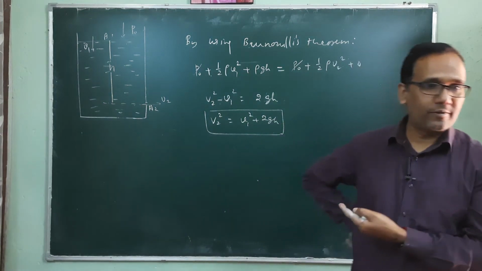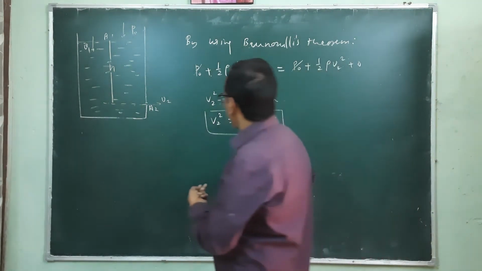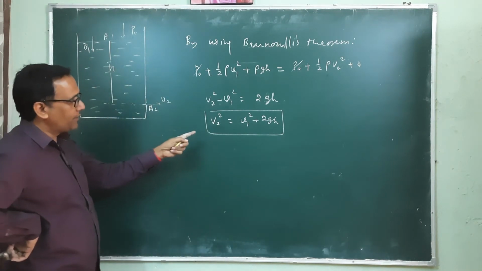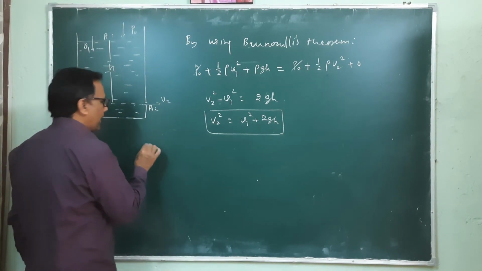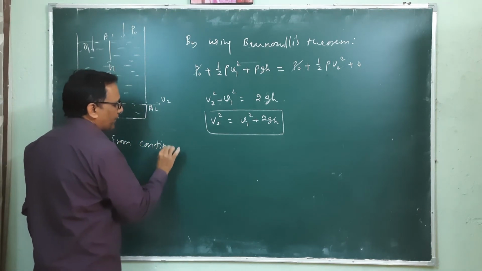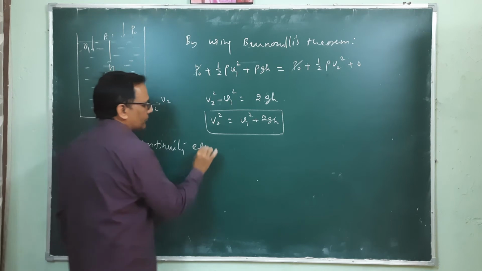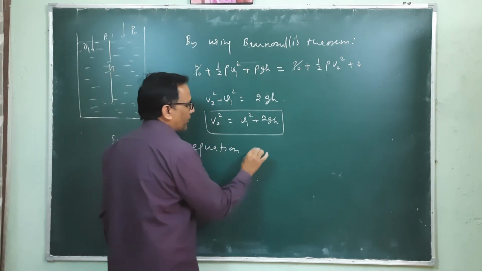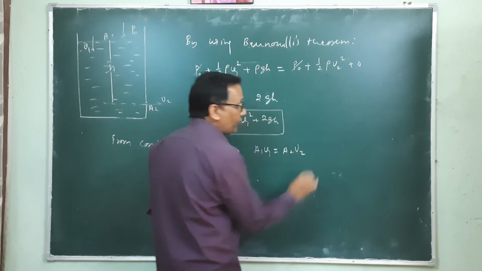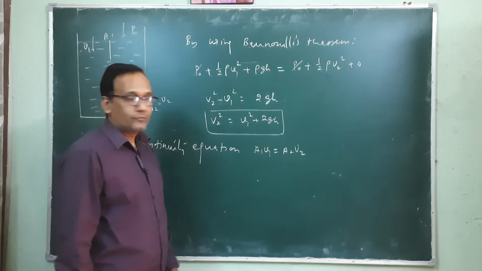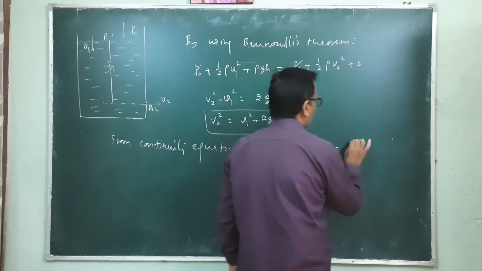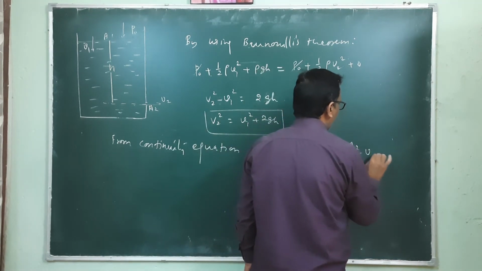Okay, simple relation. If the area of cross section is given, we can also convert this in terms of area of cross section. From the continuity equation, we have A1 V1 equal to A2 V2. This implies V1 is equal to A2 by A1 times V2.